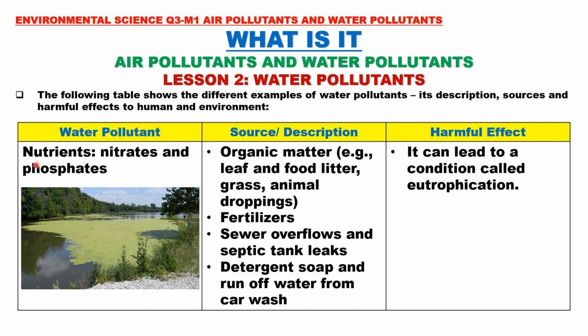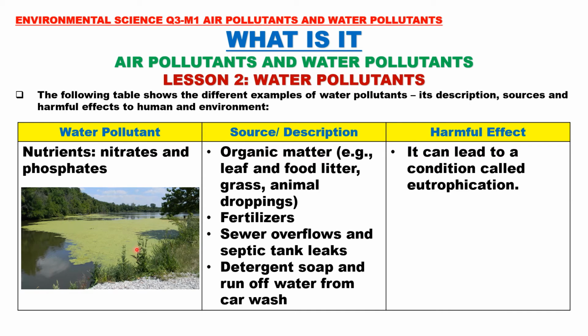Another water pollutant is nutrients such as nitrates and phosphates. It comes from organic matter such as leaf and food litter, grass and animal droppings, fertilizers, sewer overflows and septic tank leaks, detergent, soap, and runoff water from car wash. Its harmful effect is that it can lead to a condition called eutrophication.